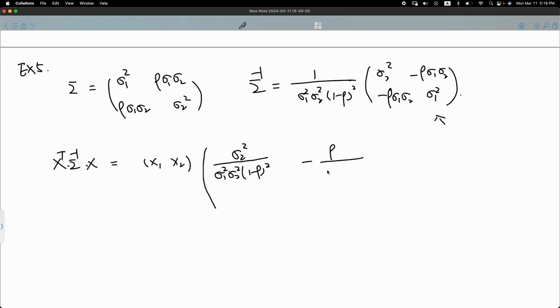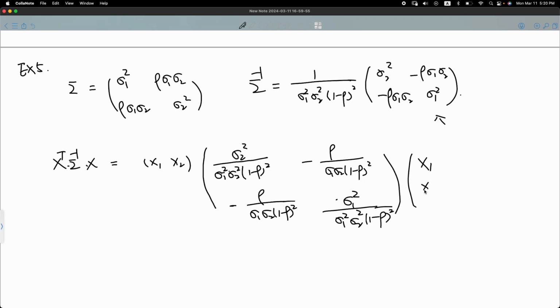Minus a rho, with one copy in the denominator. Same thing here. So here I'm just copy pasting, squared, and then x1, x2.